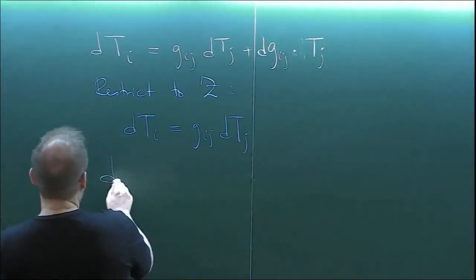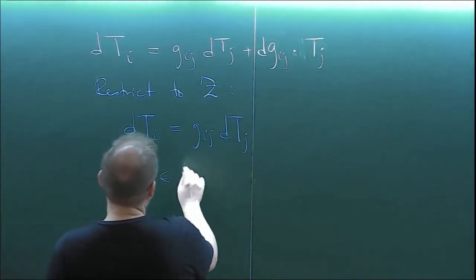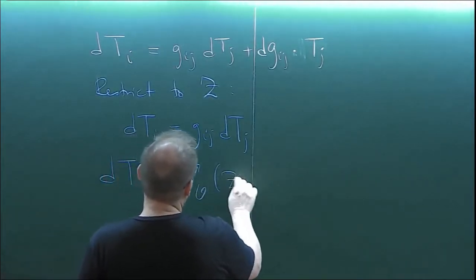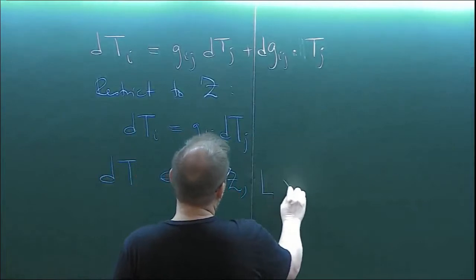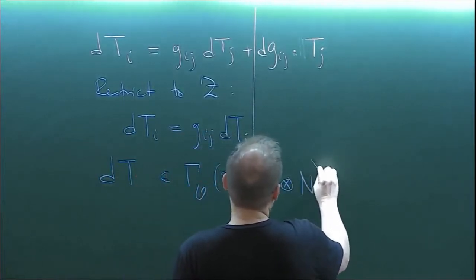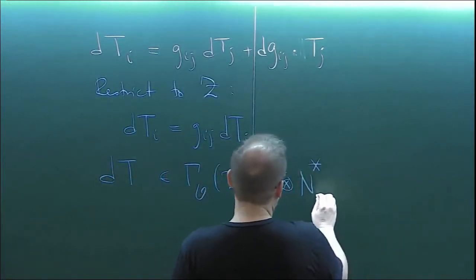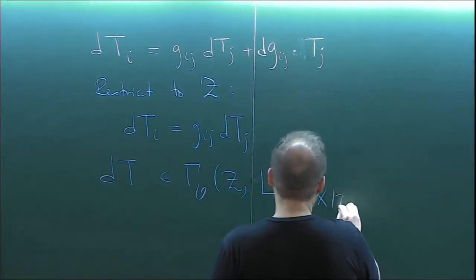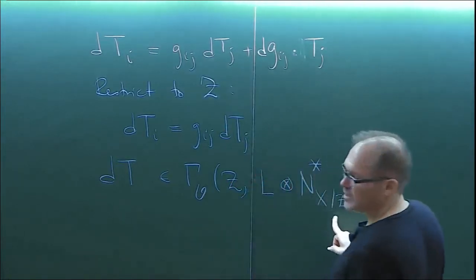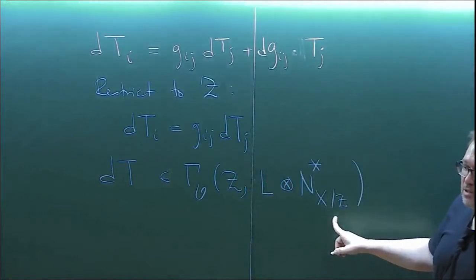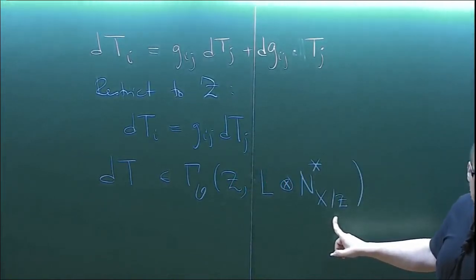So in fact, you get a section dt, which is a holomorphic section just along Z of the line bundle L tensor with the dual of the normal bundle of Z in X. So this just means what I said. It's one forms that annihilate the tangent space of Z.